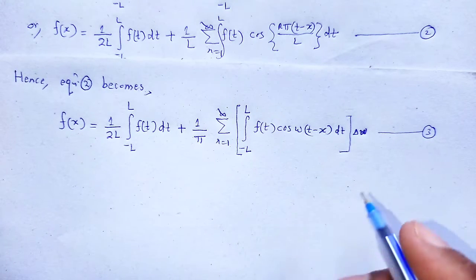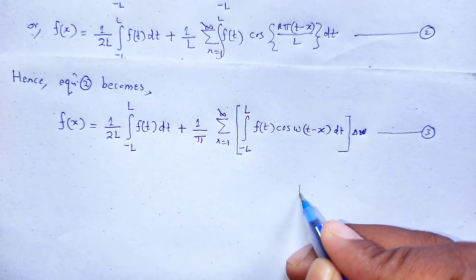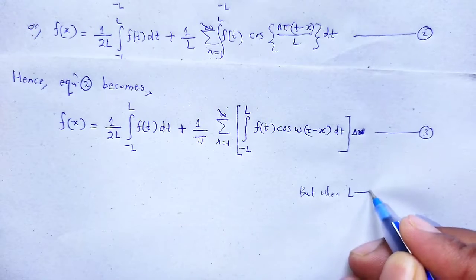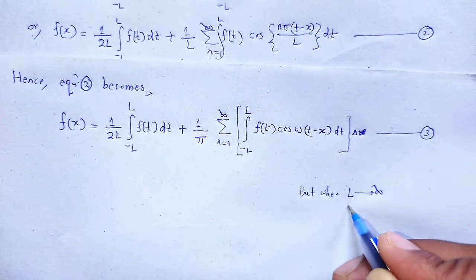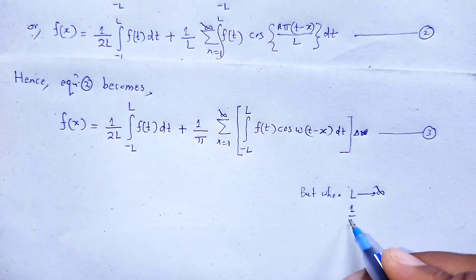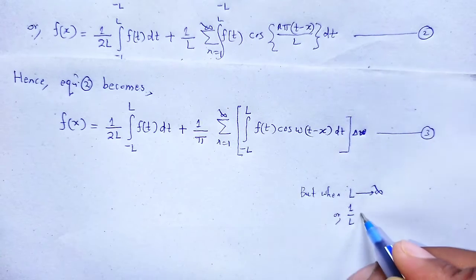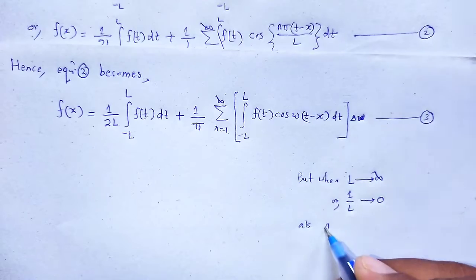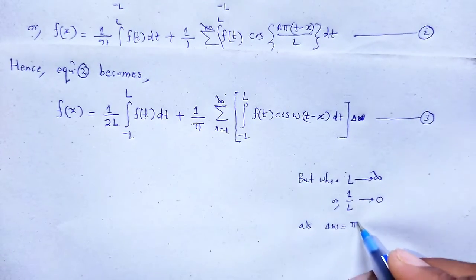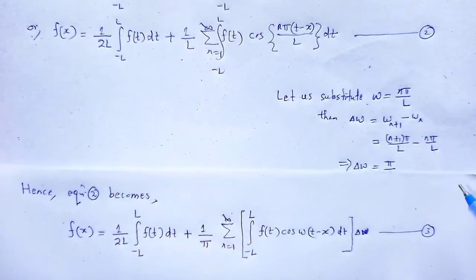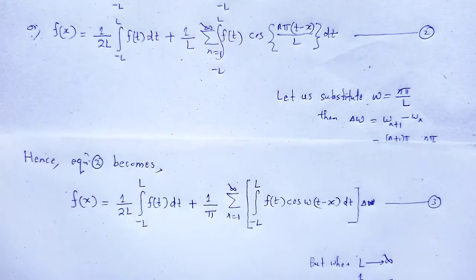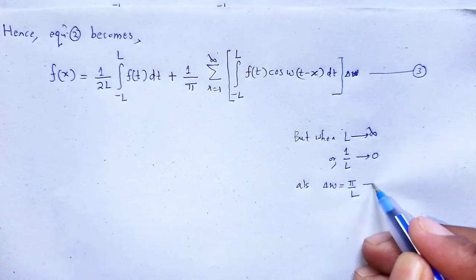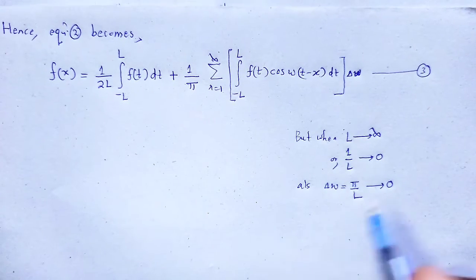Here, when L tends to infinity, 1 by L definitely tends to 0. Also delta omega, which is pi by L, that is 1 by L, tends to 0. So pi by L also tends to 0.